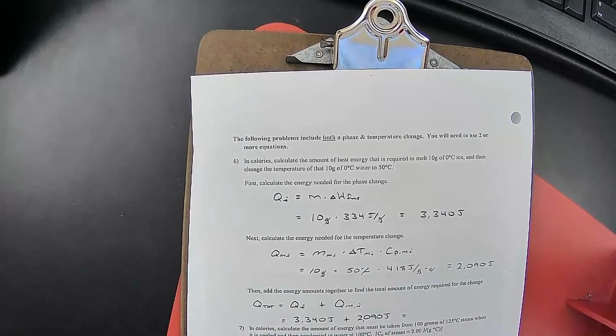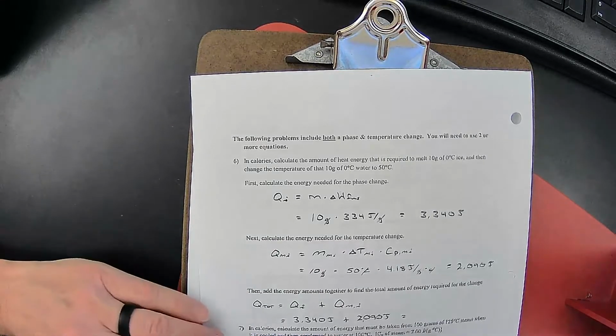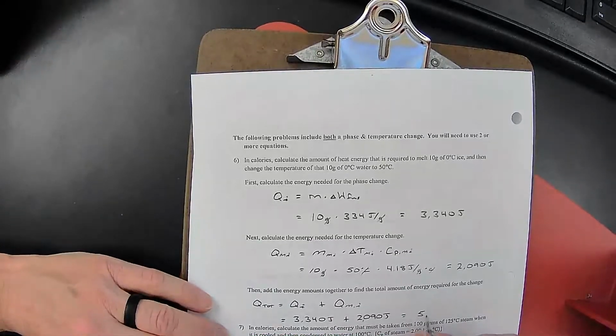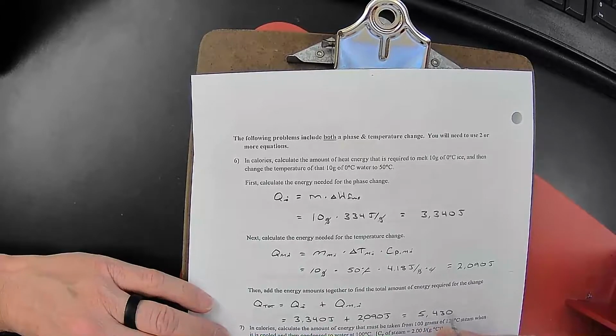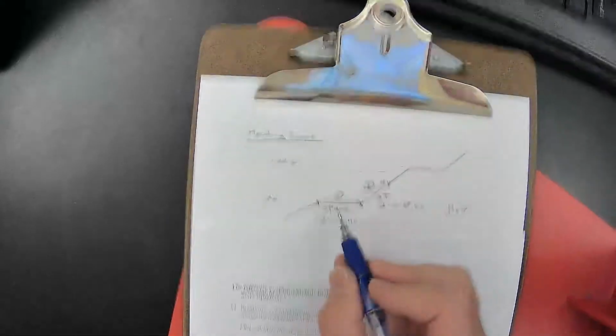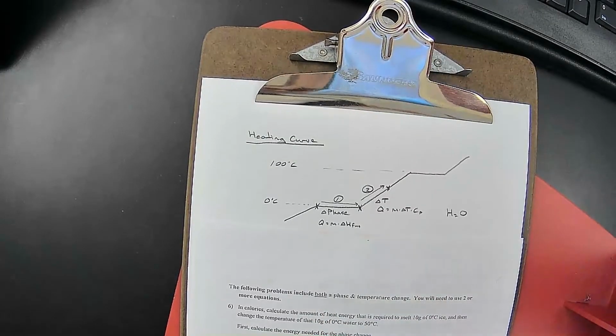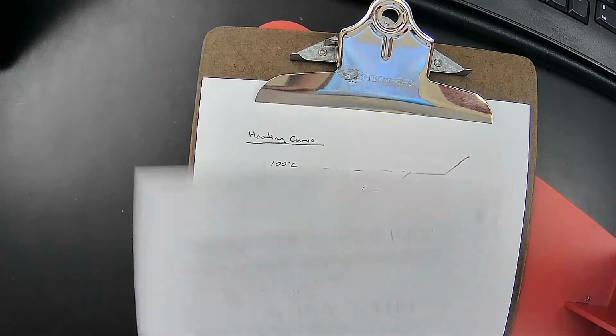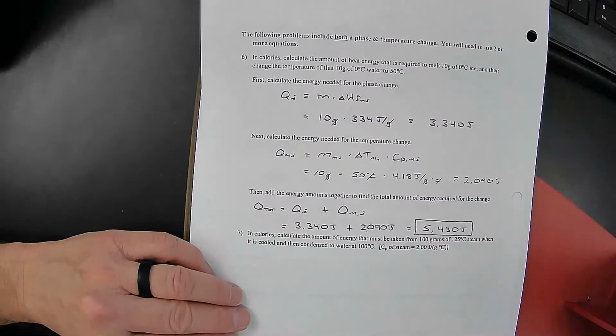And when I add those two together, I get a total of 5,430. 5,430 joules to do that process of melting the ice, then changing the temperature of that melted ice.